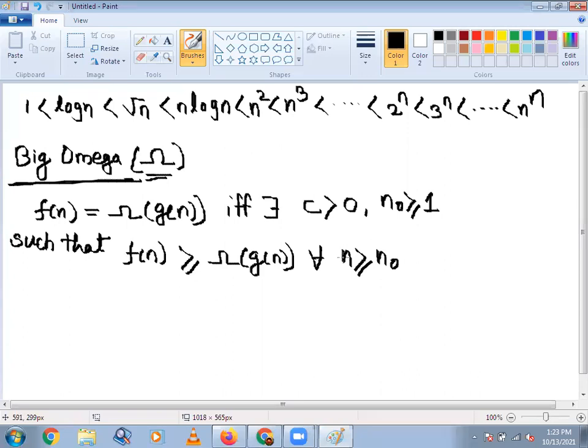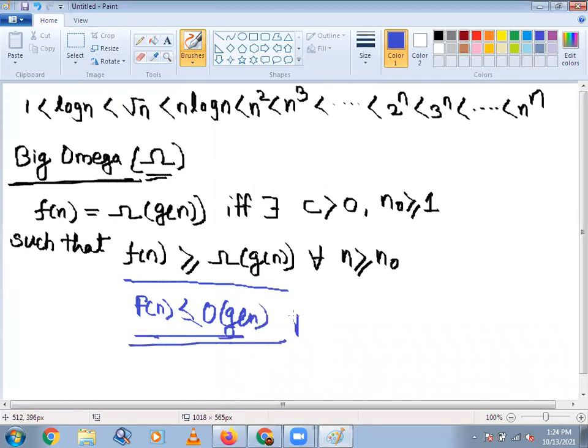Okay, the definition is the same as big OH. For big OH, instead of this equation we use f of n is less than or equal to c times g of n, and instead of this omega symbol here we use big OH.